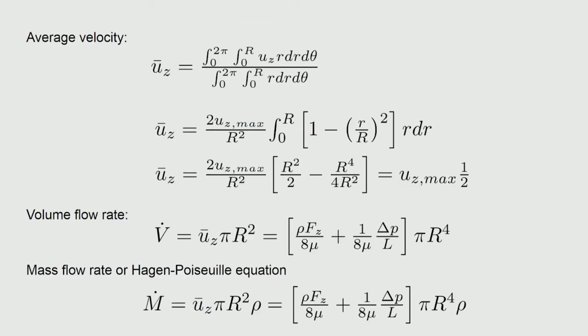And what is the average velocity? This is very important because we want to determine the flow rates through pipes and junctions of pipes, etc. So, the average velocity is always generally over the area through which the flow is taking place.